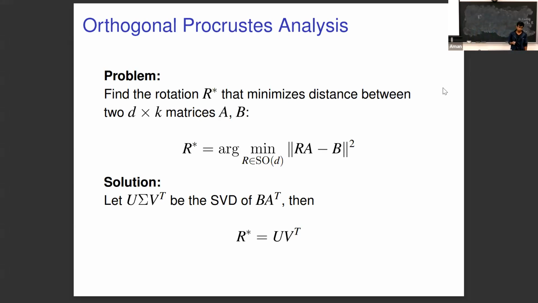And then the first step is to remove translation. And that will give you how many fewer dimensions? In this case, it removes 2 dimensions because each point is 2 dimensions.